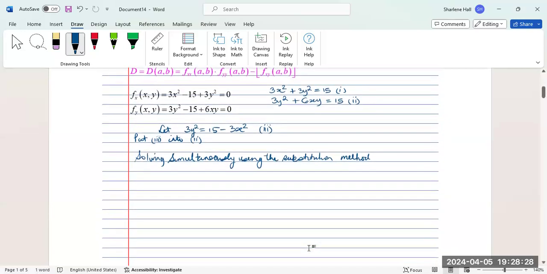So I'm going to end up now with 15 minus 3x squared plus 6xy equals 15. That's all. Yes, sir. Anybody else agrees?